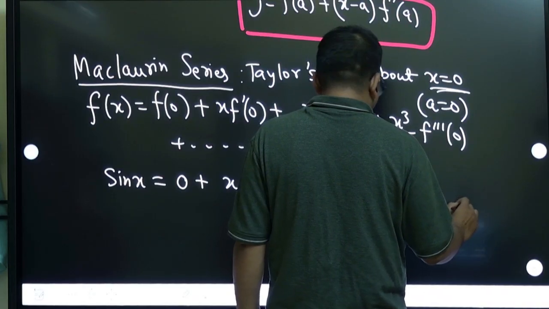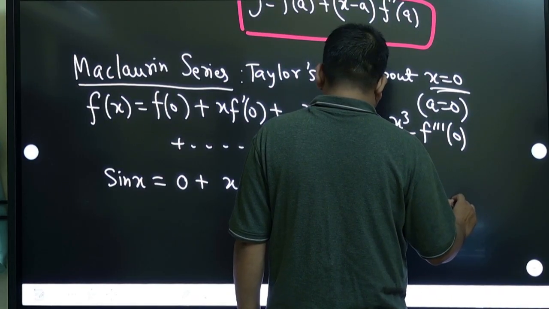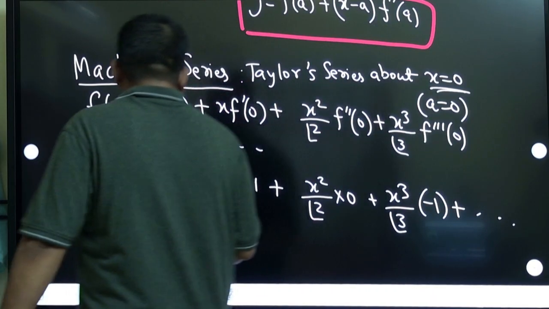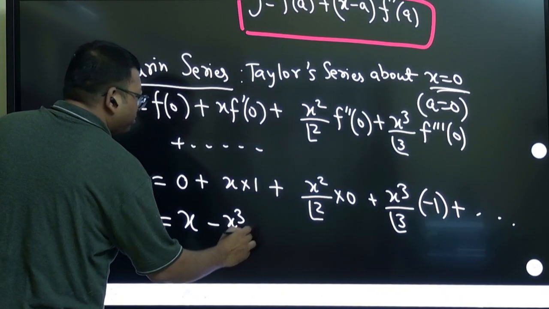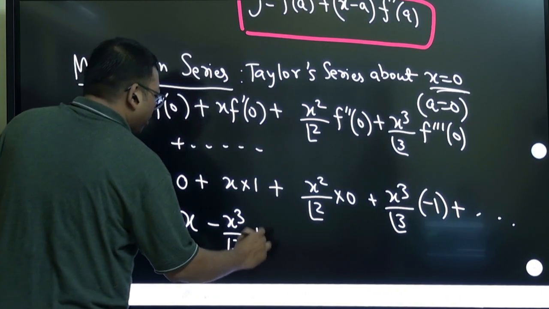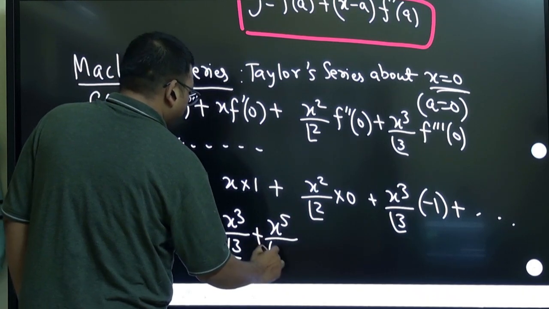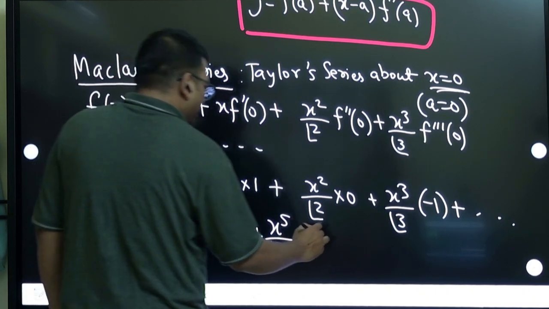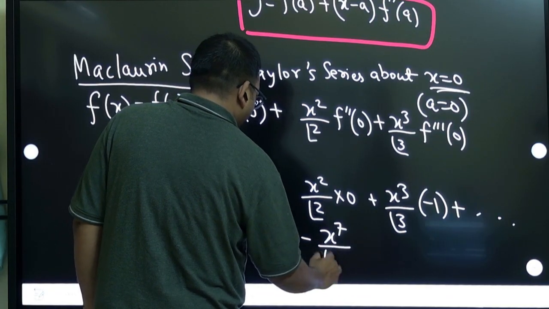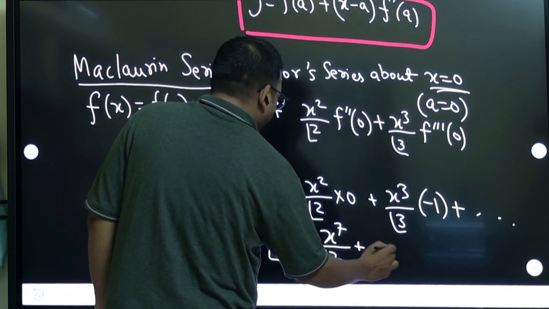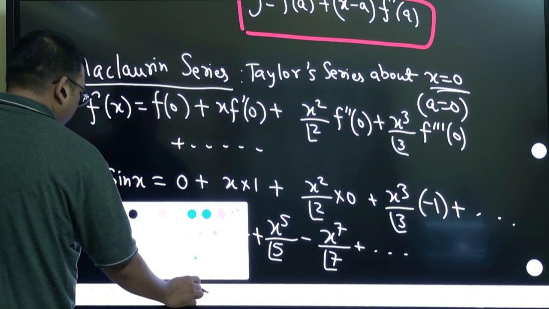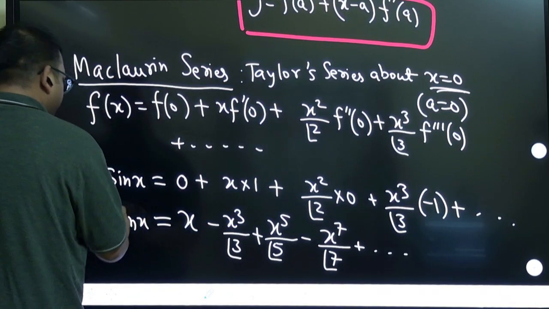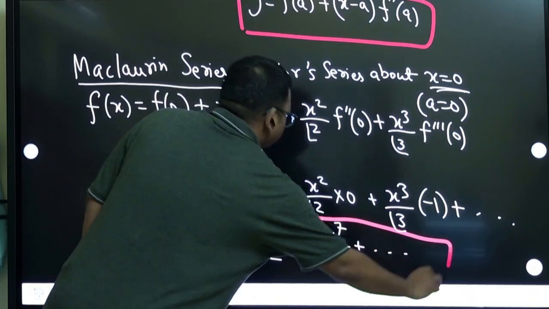Like that you will be getting a series. So the expansion of sine comes as x minus x cube by factorial 3 plus x5 by factorial 5 minus x7 by factorial 7 and so on. This is the expansion of sin x, which you have to mug up.